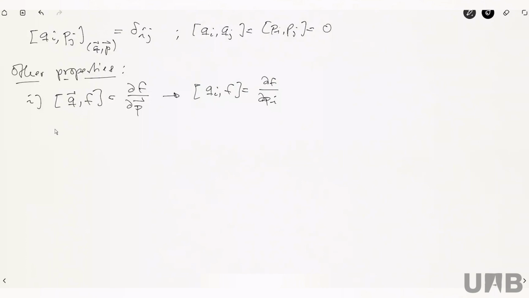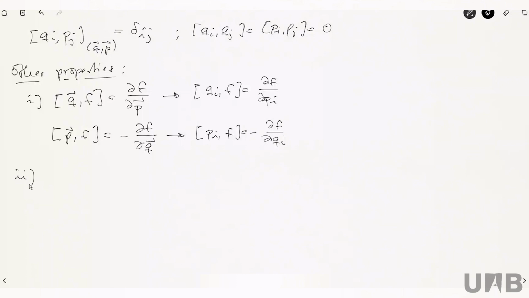Okay, and the other one is that if I take the Poisson bracket of p and f, a certain function, then this is nothing but the derivative of f with respect to q with a minus sign. Okay, again, so this is pi with f equals minus partial of f with respect to qi.